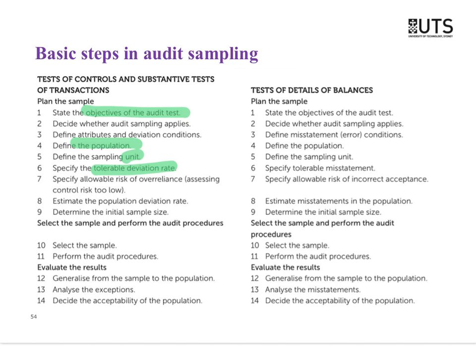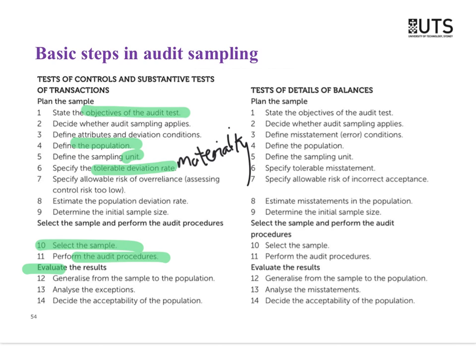The tolerable deviation rate, which is basically the materiality. What am I willing to accept for this account? And then we go into selecting the sample, executing the audit, and then making our conclusions in terms of the evaluation.